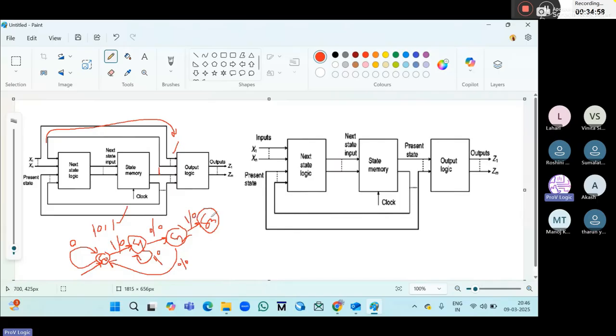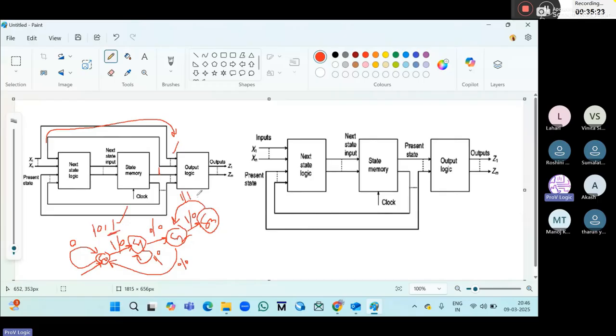Okay, and from S3 it should pass two values, either 0 or 1. To where will it pass? In Mealy, 0 is passing to here, already 1 is stored here, so it will come here as 1/1 because the last one is a 1.